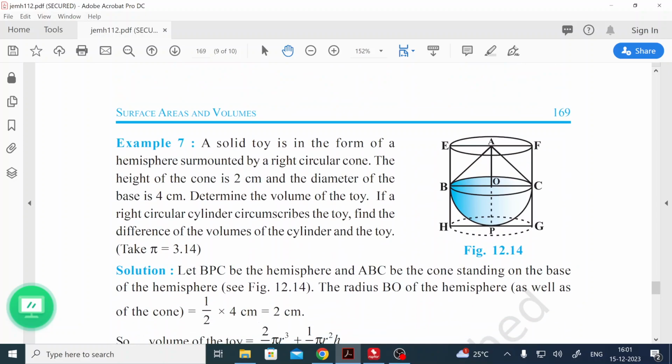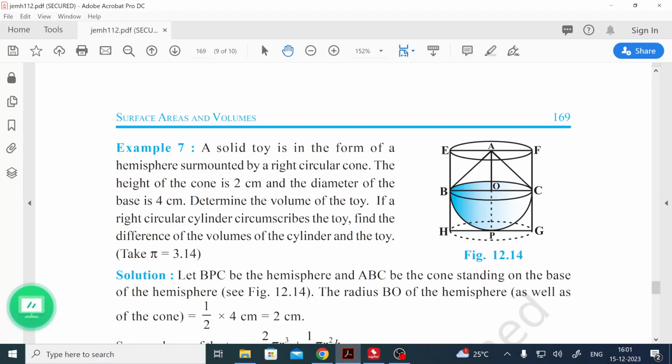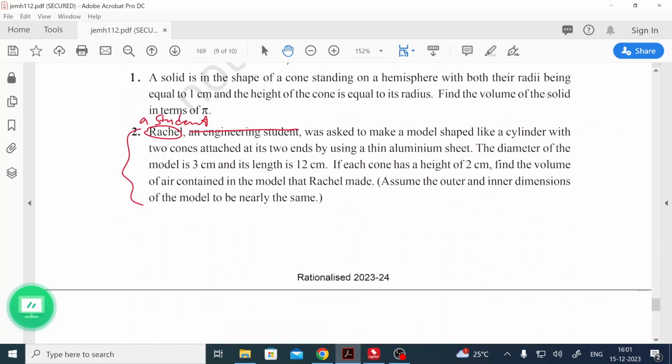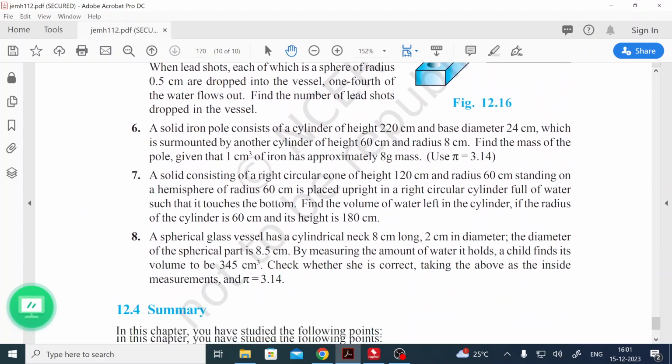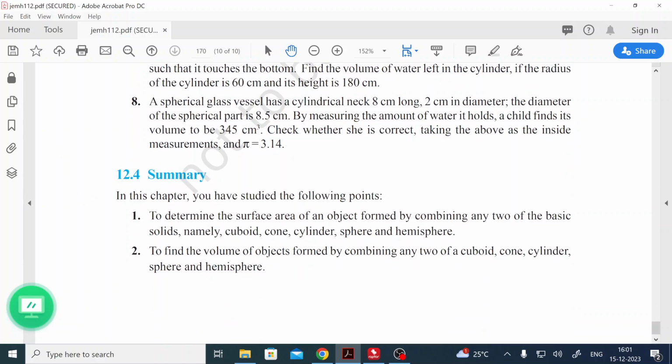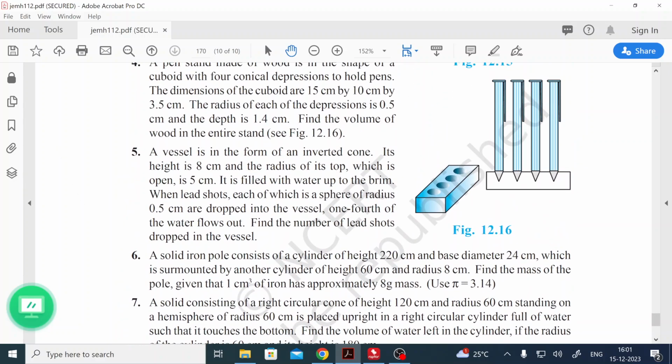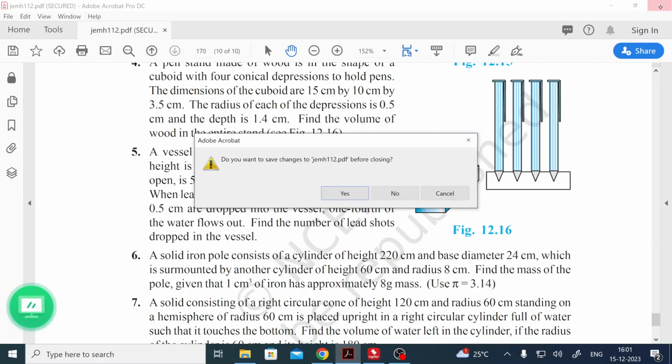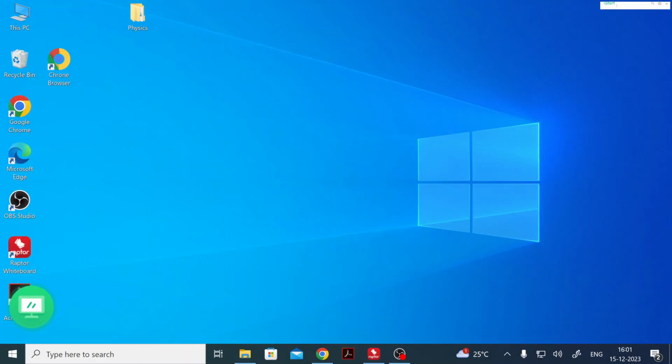Same thing. Full of water, they kept that toy inside. Water comes out. They will be asking what is the volume of cylinder. Cylinder minus toy you do. You will be getting the answer for 7. The same question, 7th question like example 7 model you people try. Okay, that's it. Summary we got it. 13th chapter over.